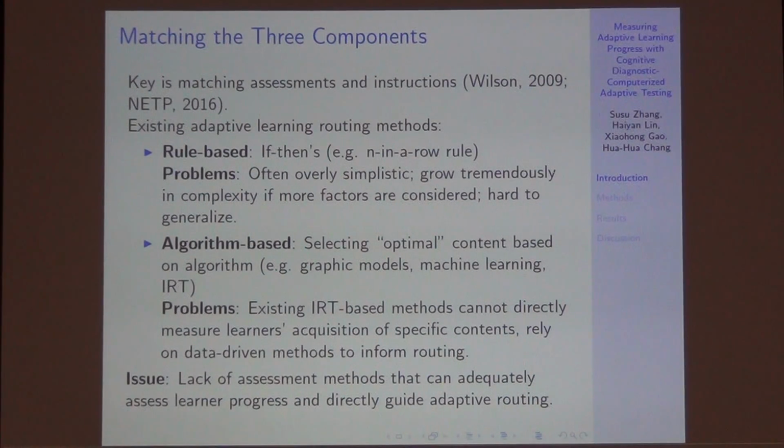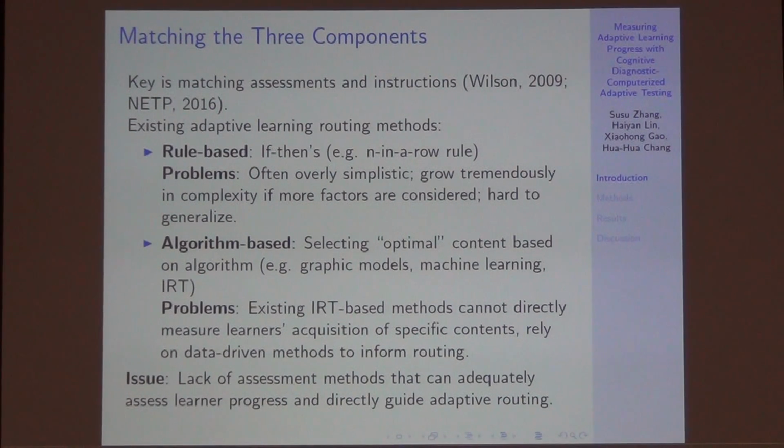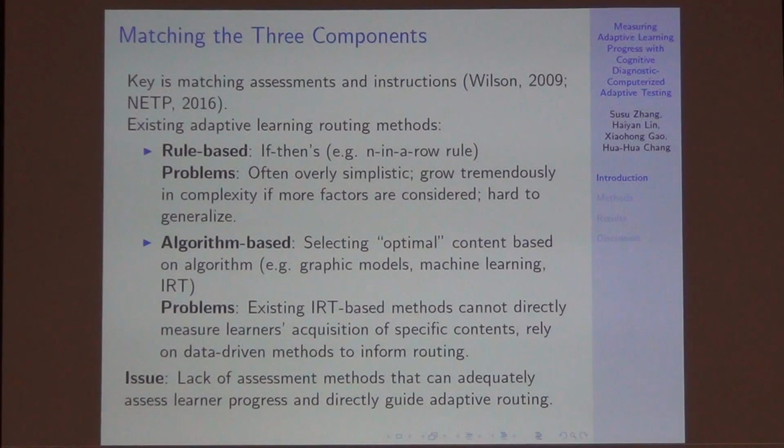Or we can also have algorithm-based rules, which is using some models. Using some algorithms, we select the optimal content based on some kind of methods. And most of the existing ones are relying on probabilistic graphic models, maybe based on IRT or based on Bayesian knowledge tracing.